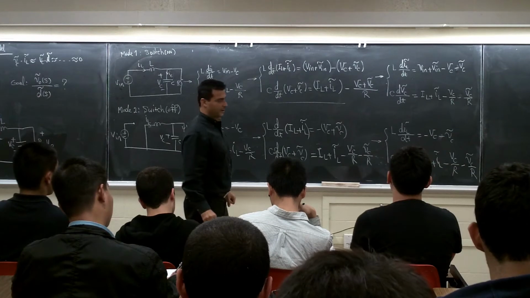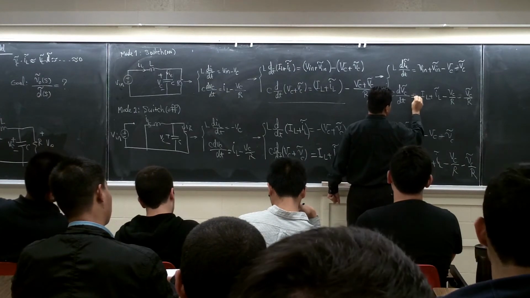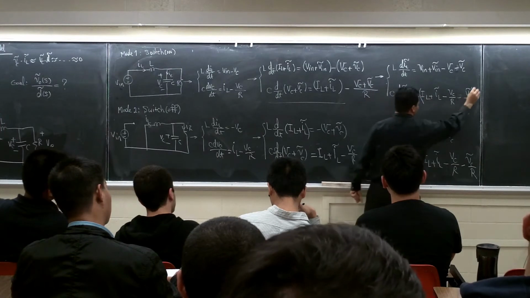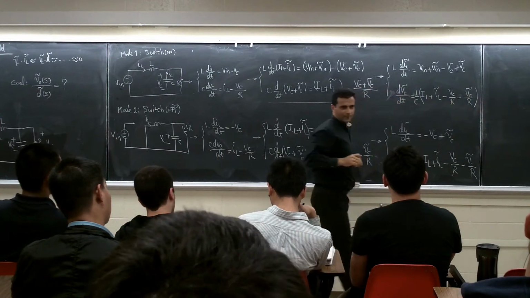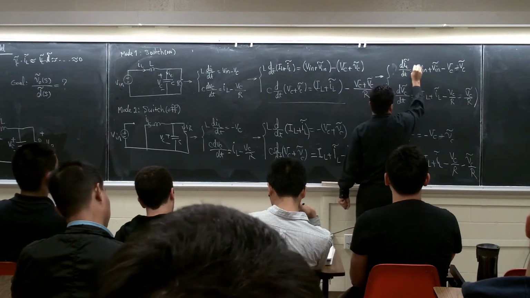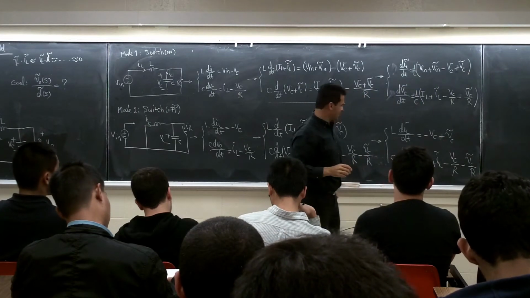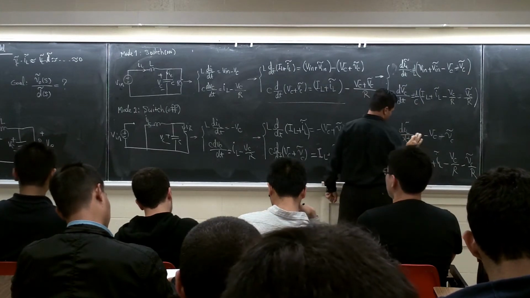I don't want to write all the equations, so I'm going to do this. I can divide by C, I can divide by L, right? The same thing here. You guys can write it one more time if you want.